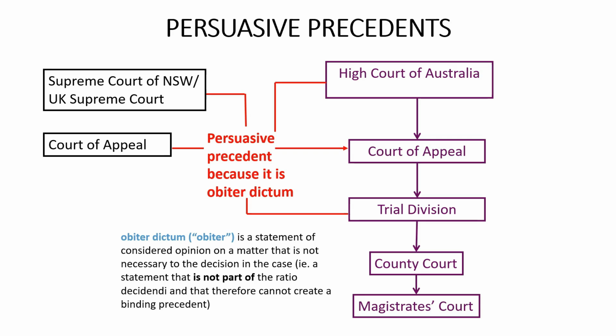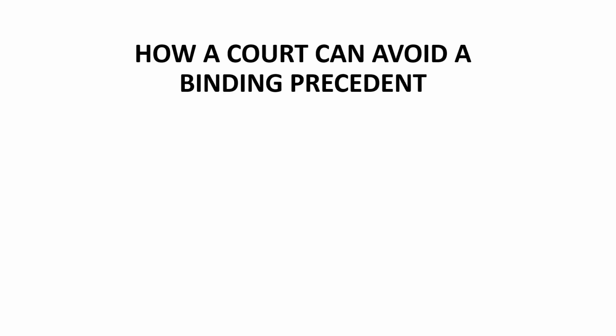Put another way, the obiter dictum of any court, whether it is a statement made by a higher or lower court in the same court hierarchy, a statement made by the same court in a previous decision, or a statement made by a court in a different court hierarchy, that statement, that obiter dictum, can only ever be a persuasive precedent.